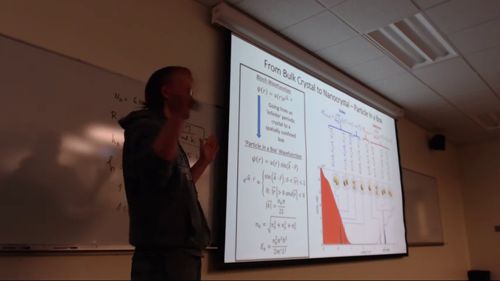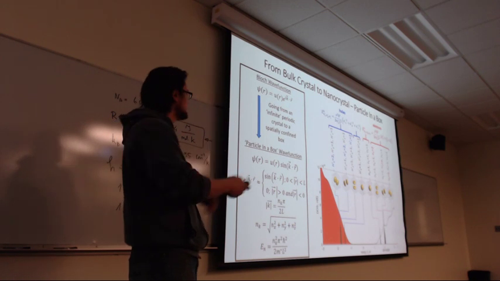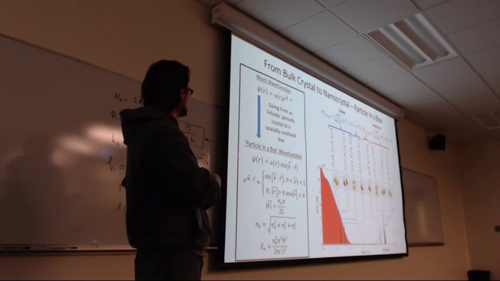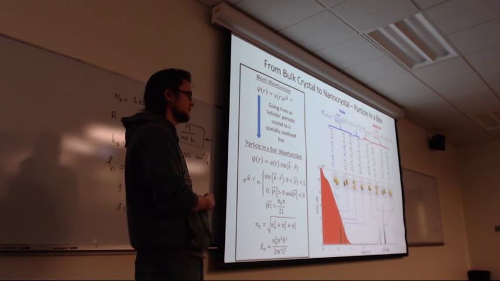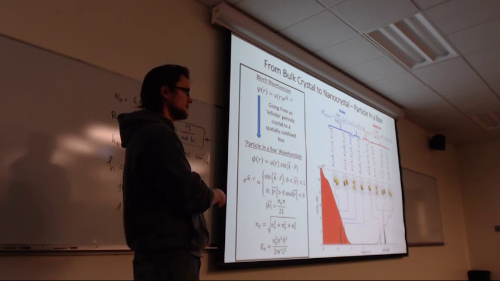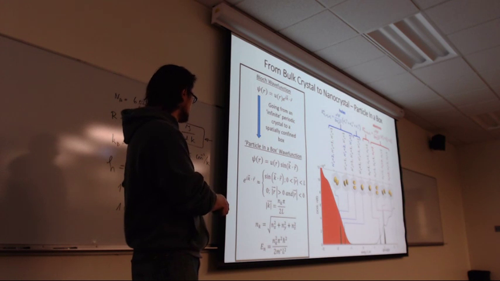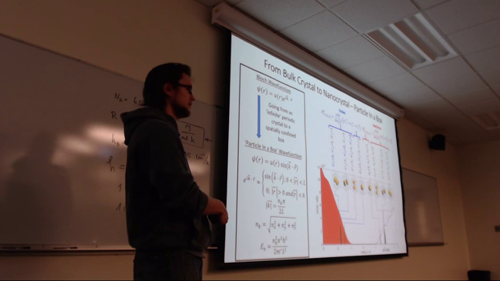If you go from an infinite periodic solid to a box, like a nanocrystal, our wave functions essentially become particle-in-a-box wave functions, where this phase factor basically turns into your sine function. Then you have your boundaries for the length of your box, for the edges, and then you have your principal quantum numbers and your energy states.